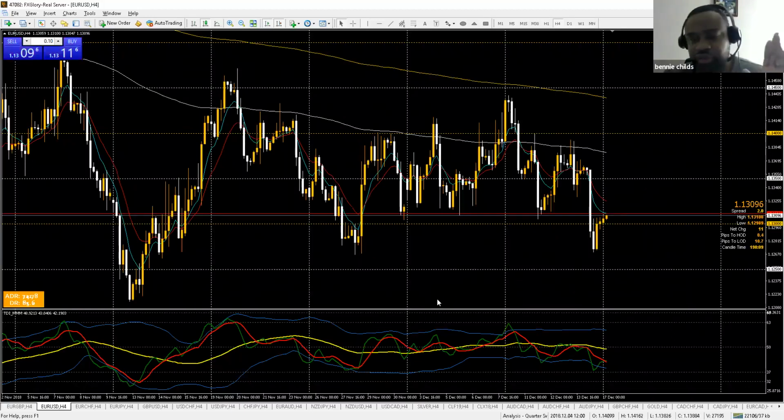There's no reason to rush and jump in the market because we have so many different pairs to go through. The market is going to be here, so there's no reason for us to rush.